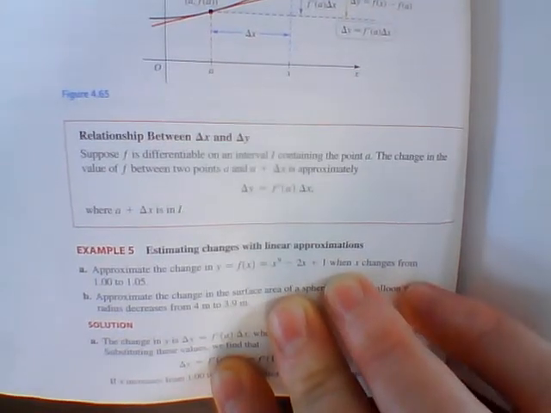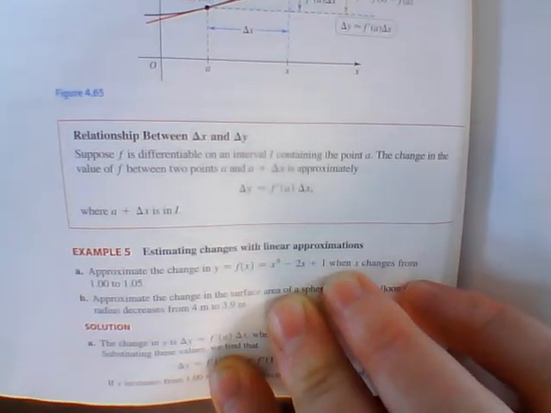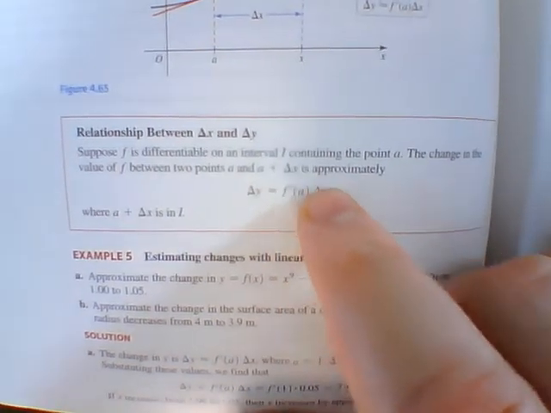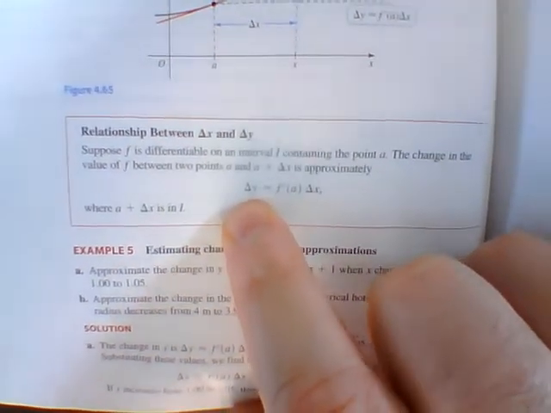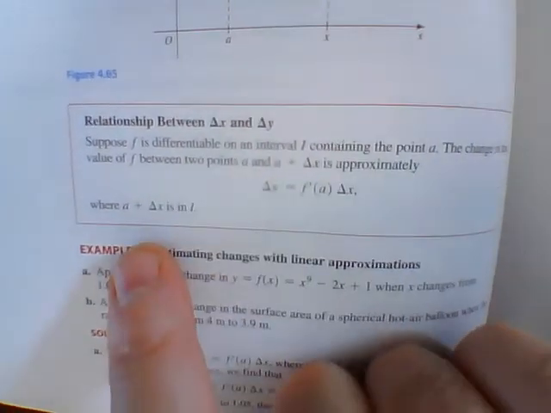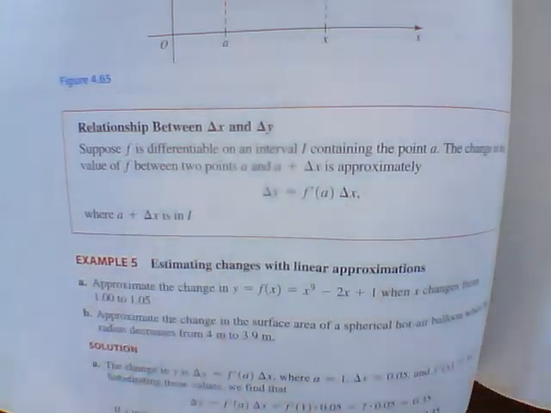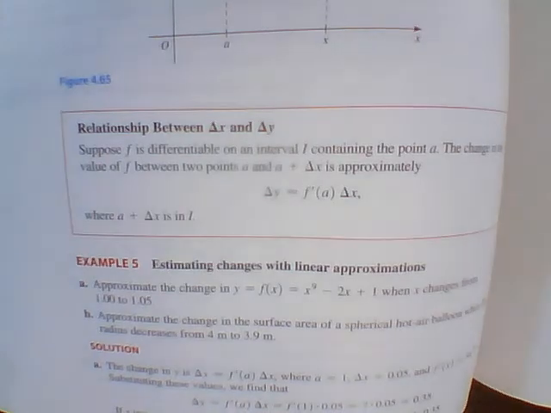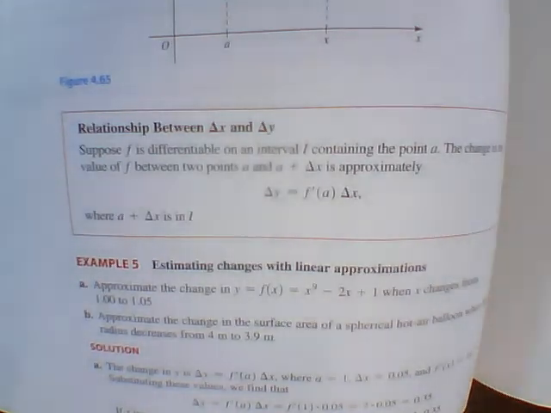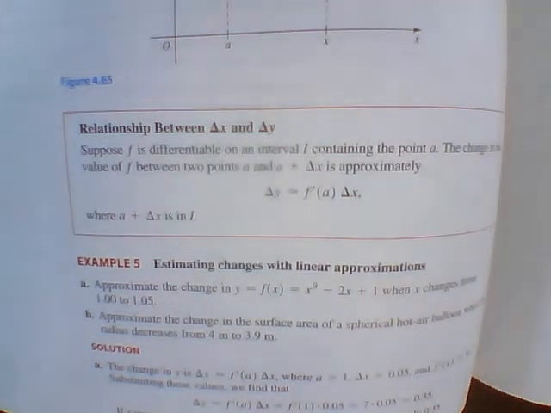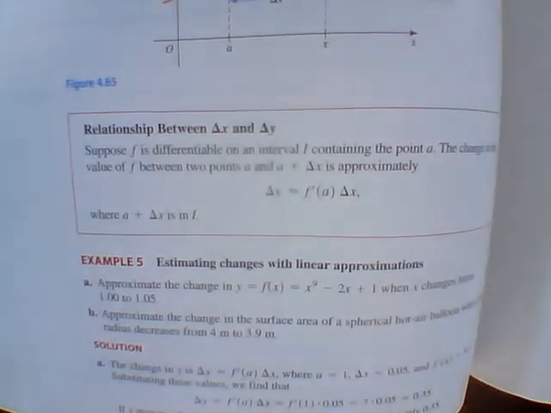The change in the value of f between the points a and a plus delta x, delta y, is approximately f'(x) delta x, where a plus delta x is in the interval. So if we have some point and some change in x, as our x numbers change, how are they relating back to the change in y overall? It's bringing in this derivative here.